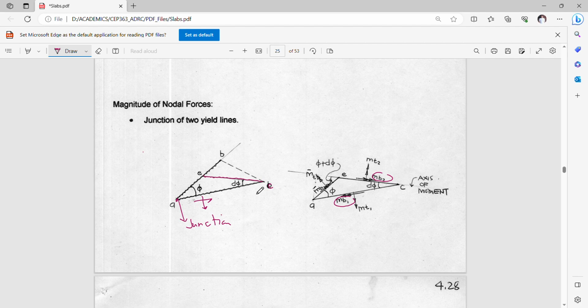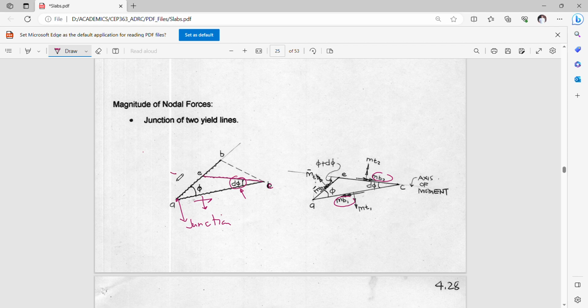and I assume a differential, a very small angle dphi at the other interior angle, then I can make use of a simpler triangle in this regard.